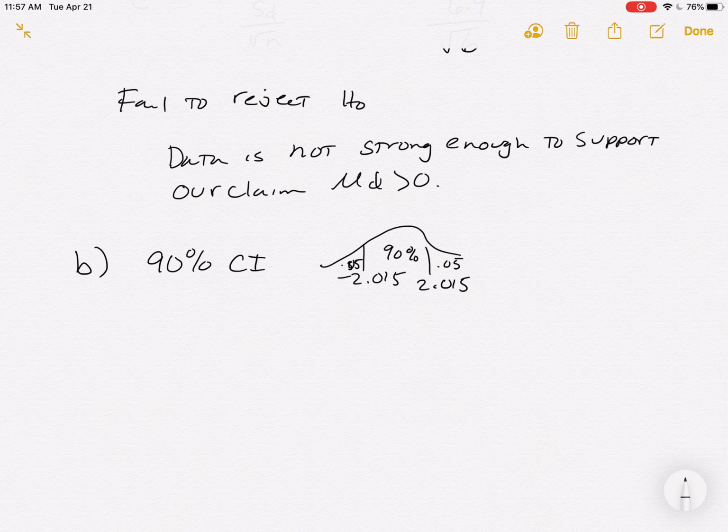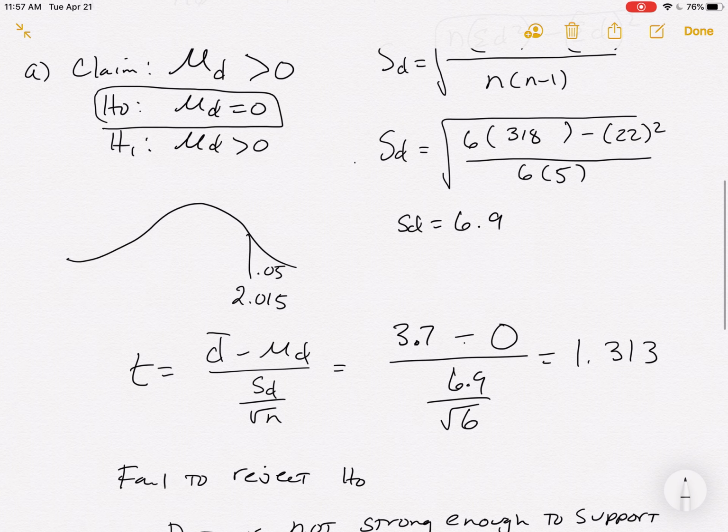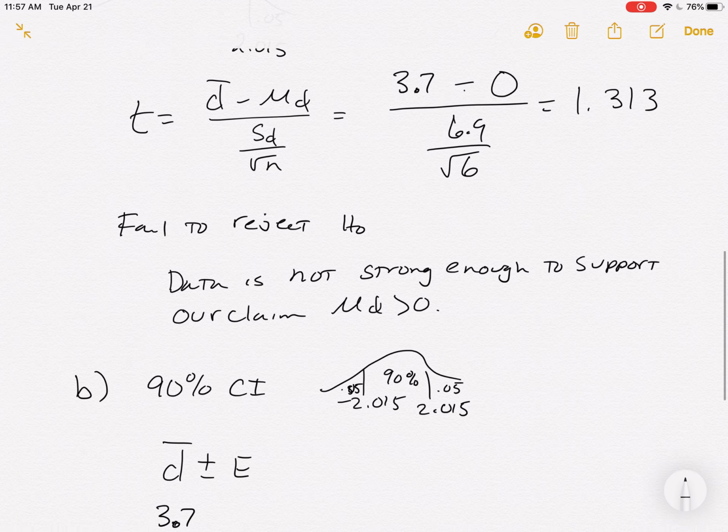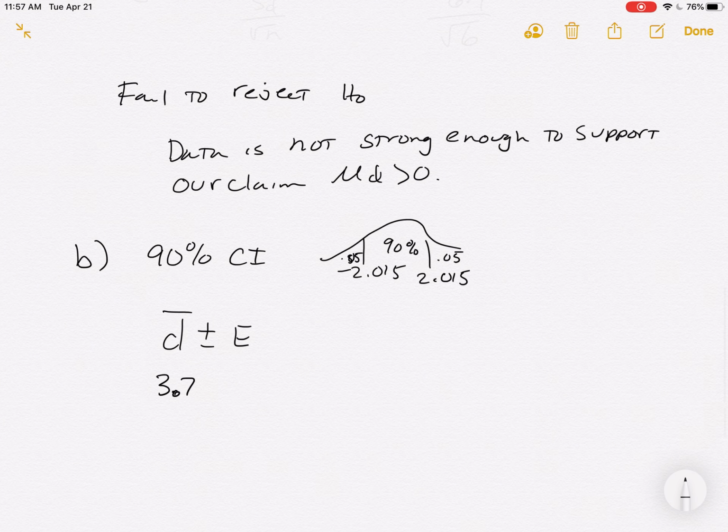So how do we get this? Easy. We take d bar and add and subtract our error. We're really done because we've done a lot of the side work. D bar was 3.7 if you remember. I can scroll up. But we had d bar as 3.7. And then the error is, so it's going to be 3.7 plus or minus the error. What's the error? It's t alpha over 2 times s sub d, all over the square root of n. Well, we know all those numbers.